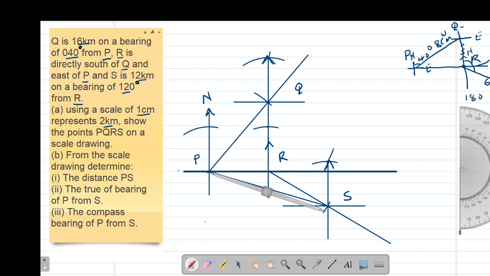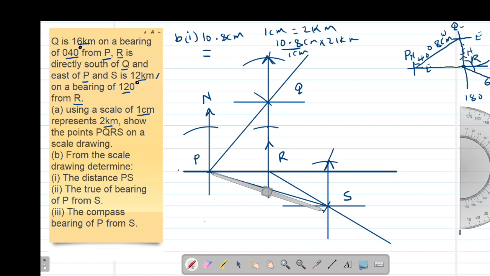So this is part B, B Roman 1. I'm getting the distance as 10.8 centimeters. But the distance should be expressed back to the units stated in the question. In the question, the distances were in kilometers. So using a scale of 1 centimeter to represent 2 kilometers, it means our 10.8 centimeters will be over 1 centimeter, then multiplied by 2 kilometers.